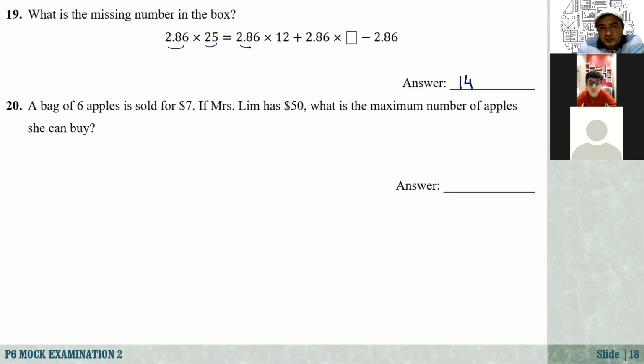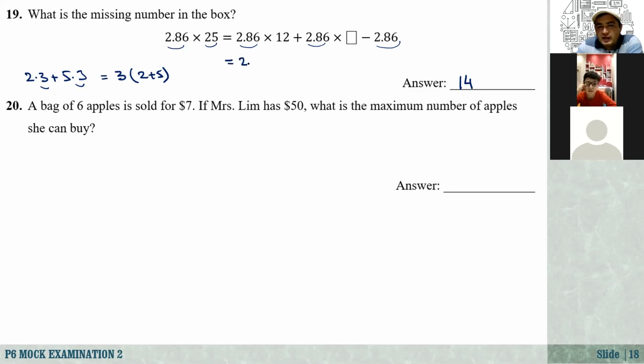As you see here, 2.86 appears in both terms. It's a common factor. If we have something like 2 times 3 plus 5 times 3, and 3 is a common factor, I can just evaluate it like this: take this 3 out, 2 plus 5, right? So similar to this, 2.86 is a common factor.